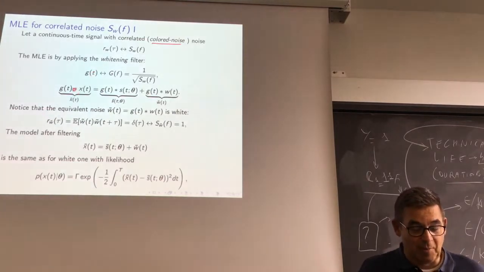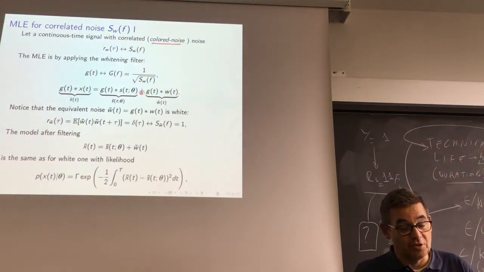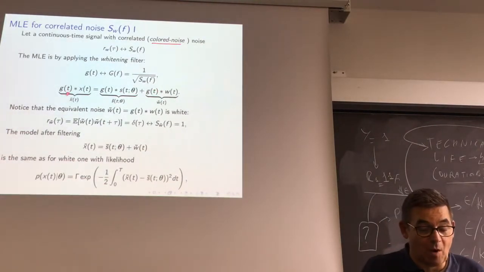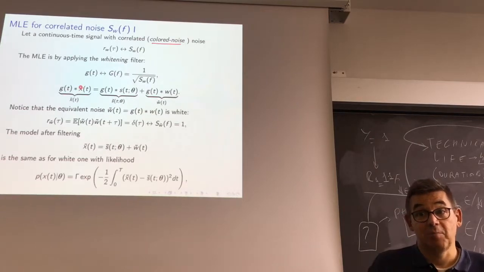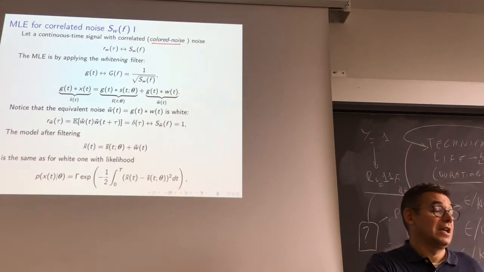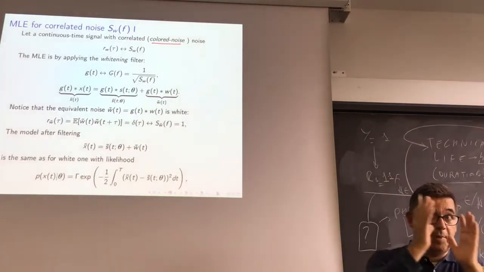What I do is apply this whitening filter on both sides. Because when I apply the whitening filter to the data, I am implicitly applying the whitening filter to the model and to the noise. The data is a model plus noise.